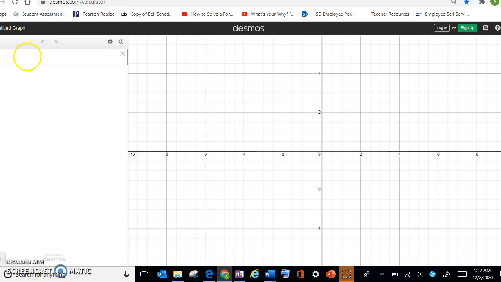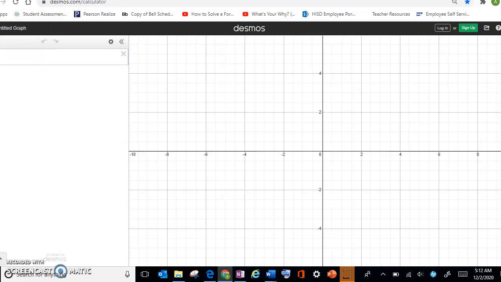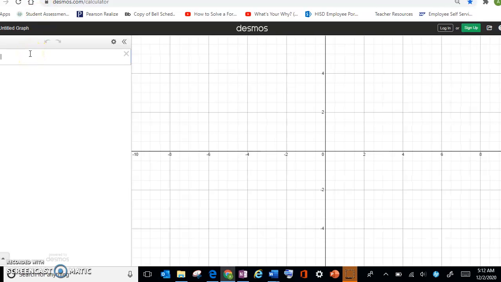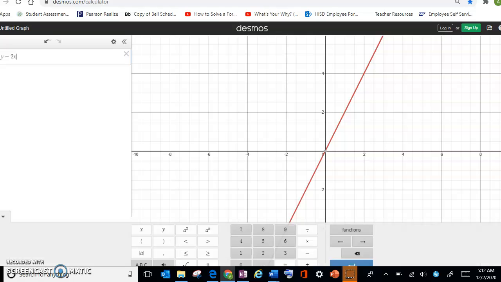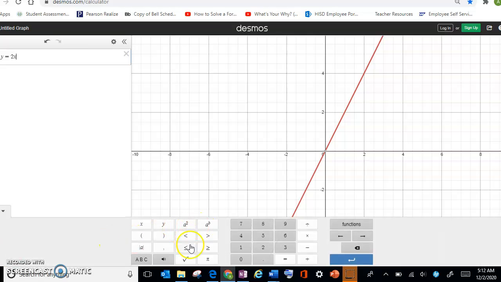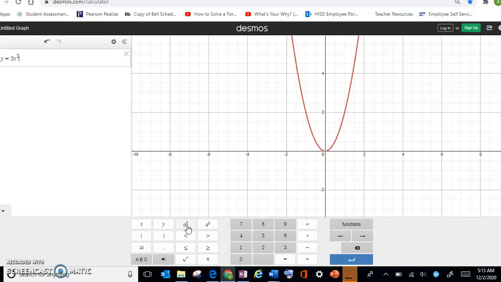Y is equal to 2x square plus 36x plus 170.